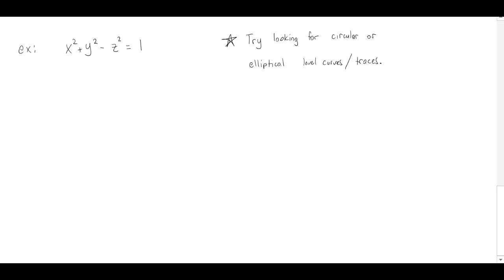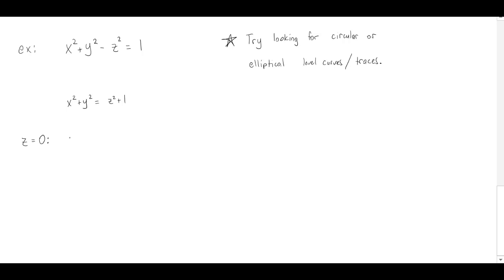In this equation, if I move the z squared back over, we get x squared plus y squared is z squared plus 1. X squared plus y squared suggests that we're going to get circular level curves. So I'm going to look at some level curves by plugging in some values of z. Let's just start with z equals 0.